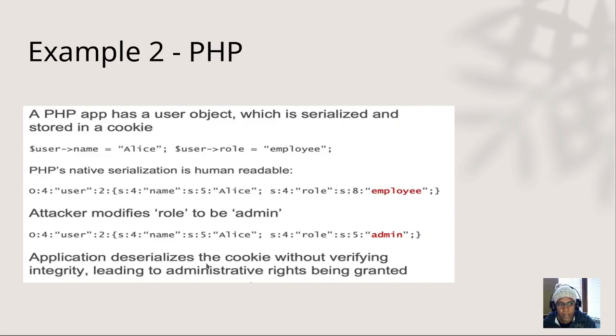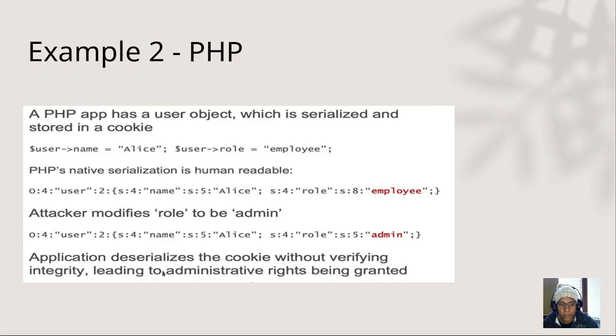Now, what if the attacker says, what if I modify this, try to put in admin to escalate privilege at the back end or something like that? So now the attacker would modify that, put admin instead of employee, so manipulating the data this way.